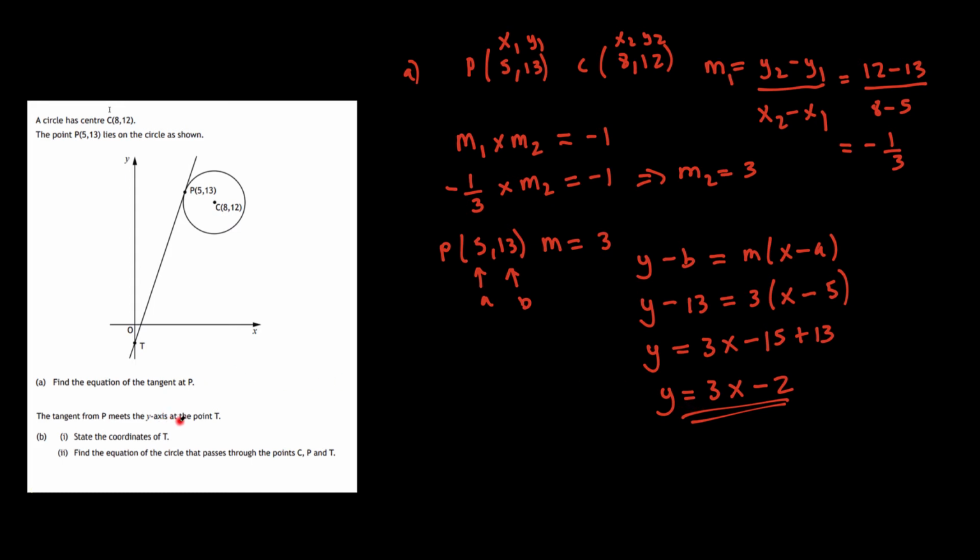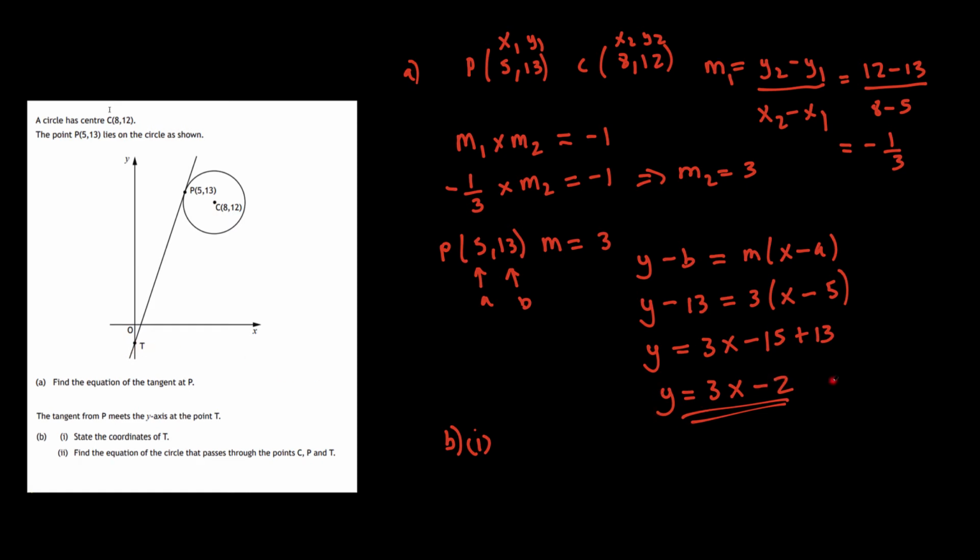Now the next part says the tangent from P meets the y-axis at point T. State the coordinates of T. When you're asked to state in an exam, it just means that you've got that information there already.